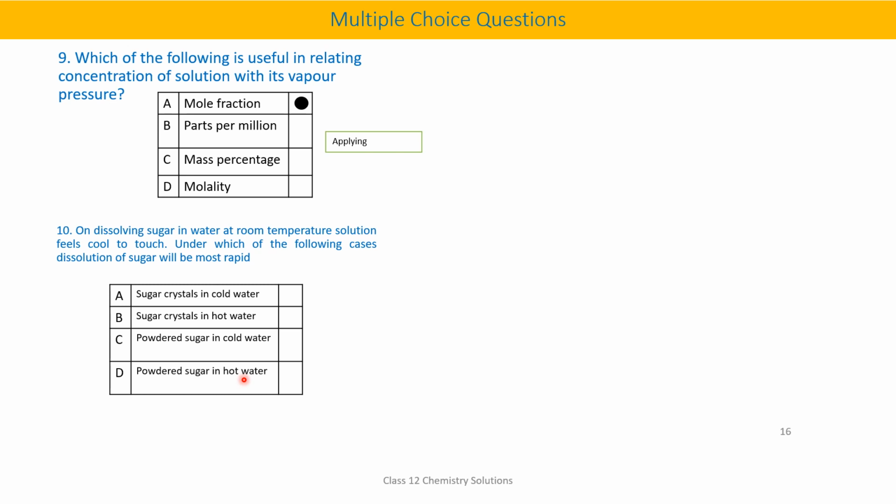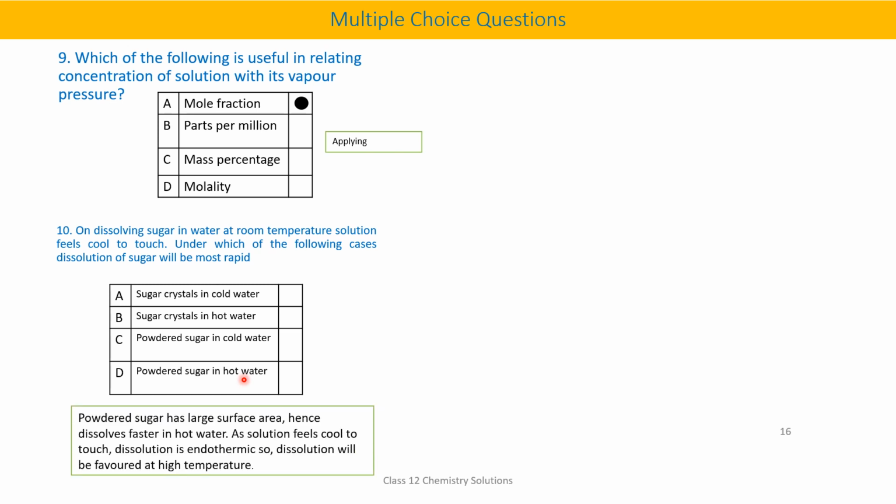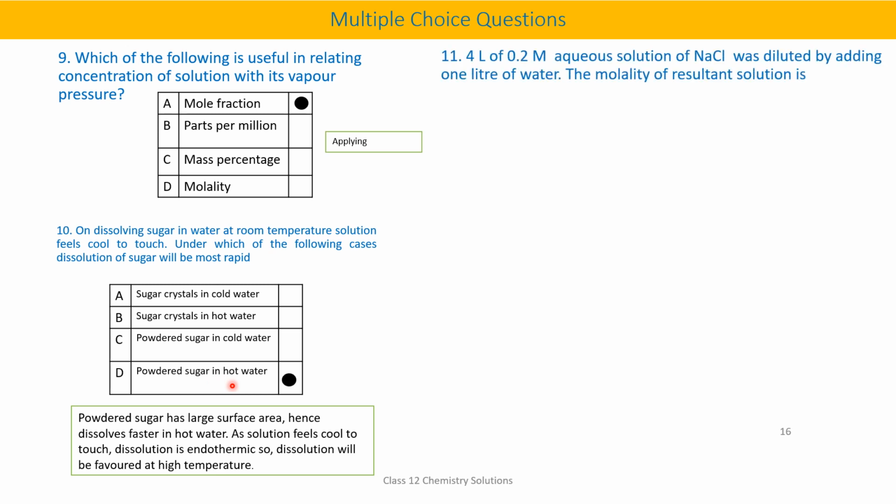You please interpret and remember and mark it. Powdered sugar has large surface area, hence it dissolves faster in hot water. This option is available as option D. Please mark it. Next question.